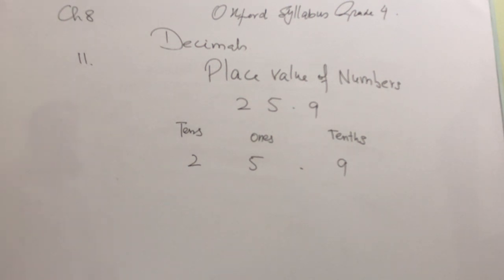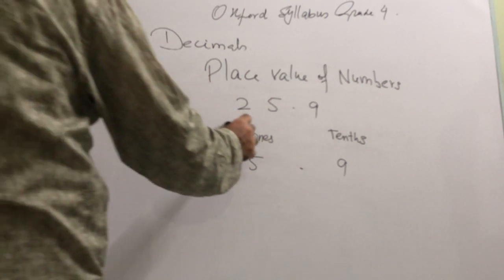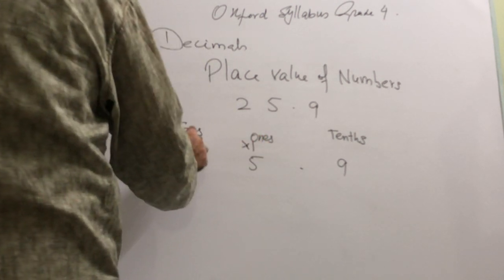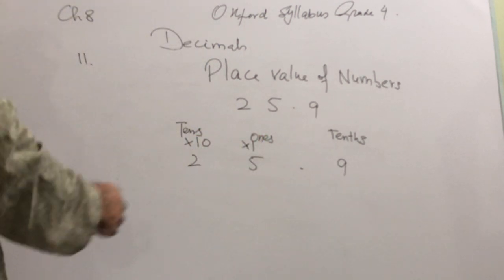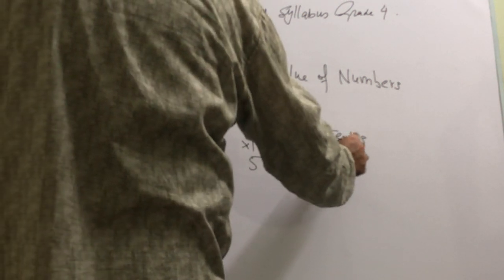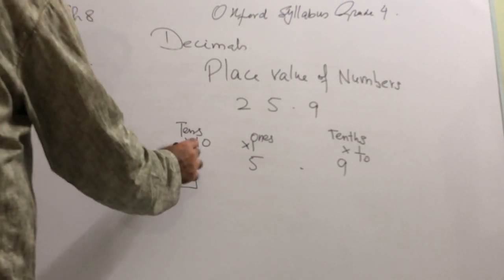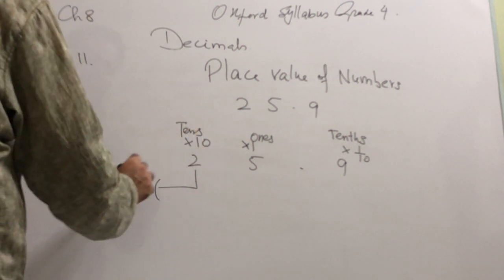So now we need to tell the value of each digit. We know that for the ones we multiply the digit with 1, for the tens we multiply the digit with 10, and for the tenths we multiply with 1 over 10, then we get the answer. The value of 2 will be 2 multiplied by 10, 20.